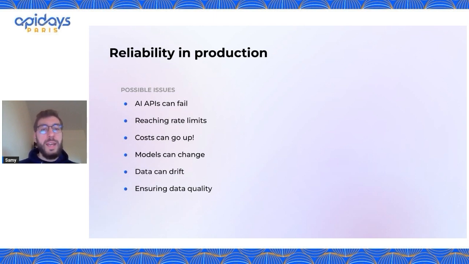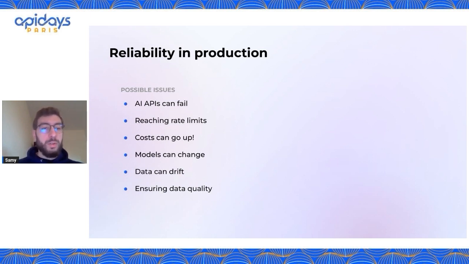The AI API can fail sometimes if it's in maintenance or the provider is just down. I've seen it with OpenAI too. You can get errors when making your calls. You can also reach rate limits if you have more intense usage of your API, and then you might run into rate limiting.